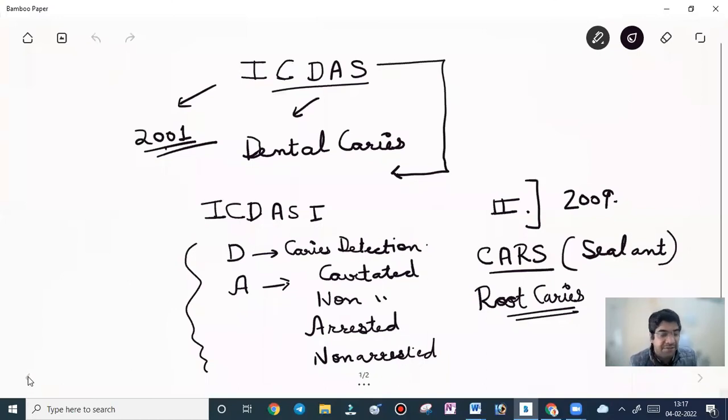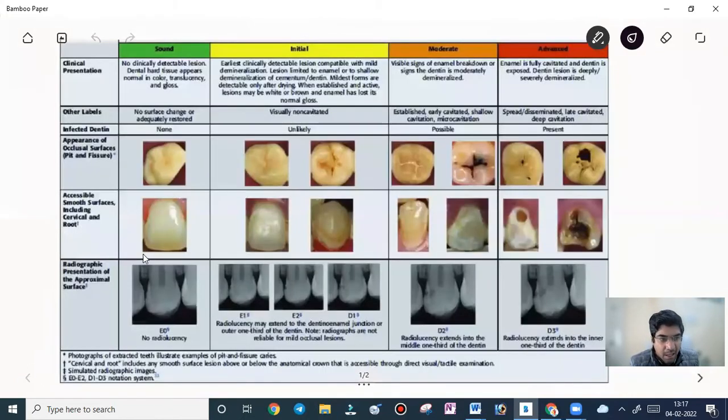This question was asked with an image given, and it was asked which score it is according to the ICDAS classification, whether it is sound, initial, moderate, or advanced.